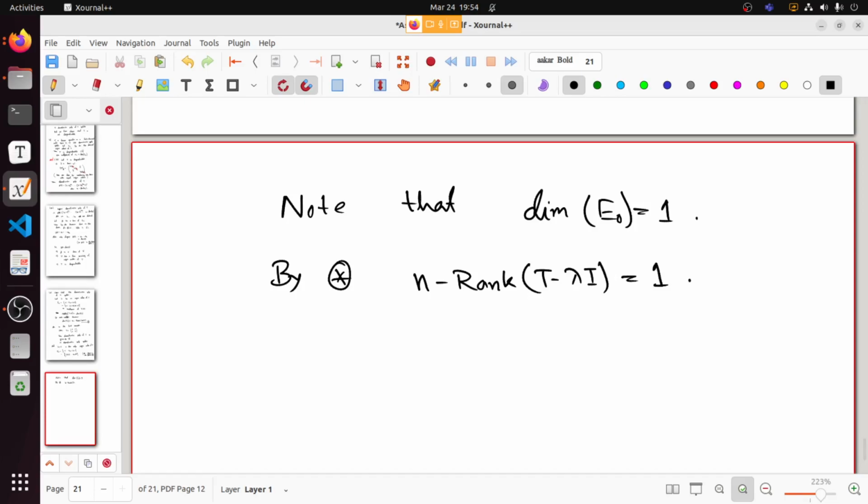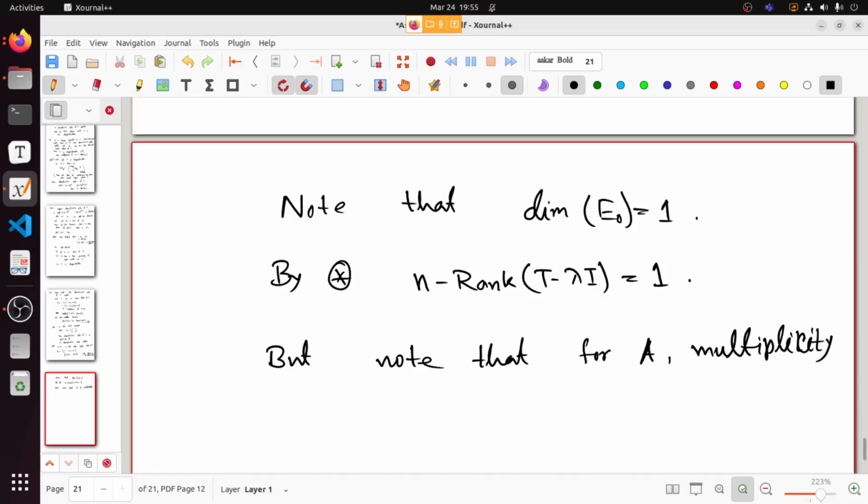But note that the multiplicity of lambda equals 0 is 2, as the determinant of A minus lambda I equals 0 implies lambda squared equals 0.